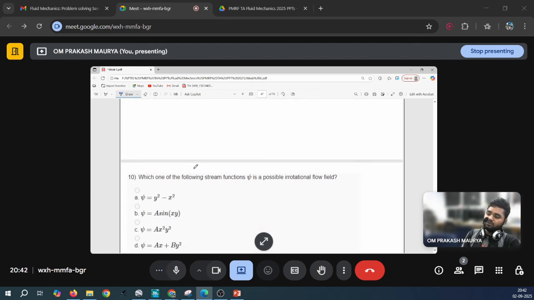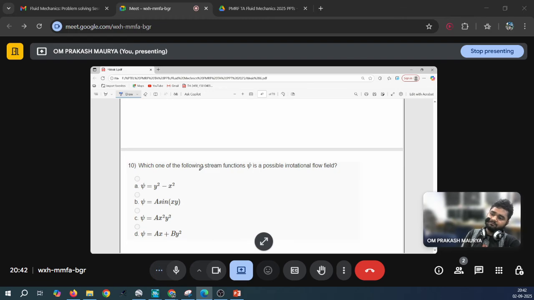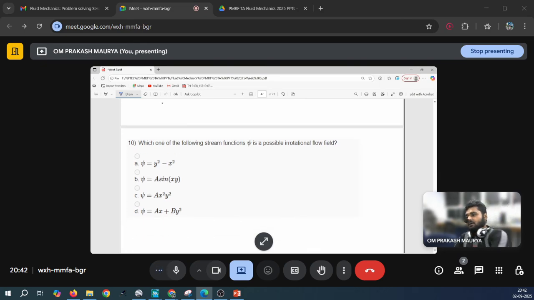Now, question number 10. Which of the following stream functions is a possible irrotational flow field? You have the 4 stream functions A, B, C, D, and you have to find the possible irrotational flow field.